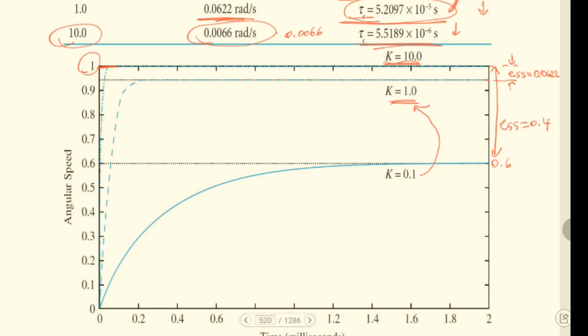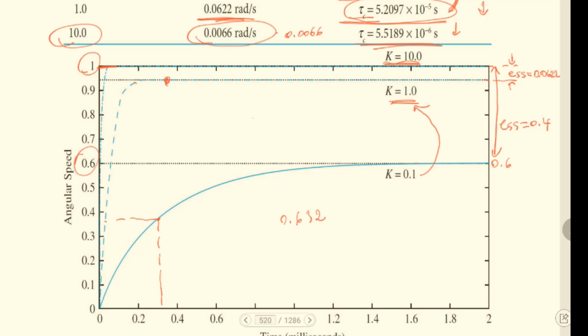We can also understand the time constant of the system like that. This is the final value, 0.6. If we multiply it with 0.632, which is 63.2%, it gives us the time constant. Approximately this one, the time constant here, for example.